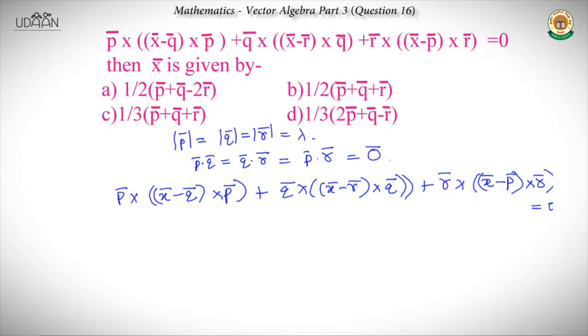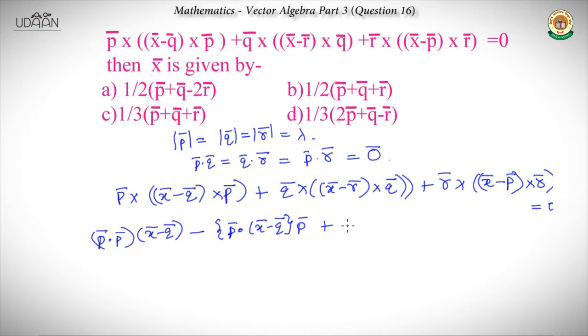So now by the vector triple product it will turn out to be P bar dot P bar times (X bar minus Q bar), treating X minus Q as one single vector, minus P bar dot (X bar minus Q bar) times P bar.